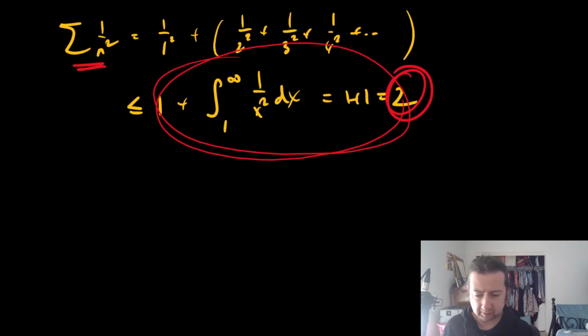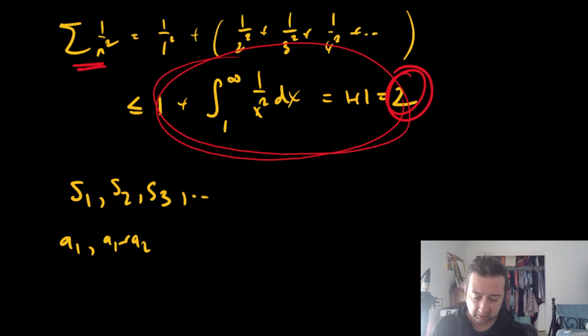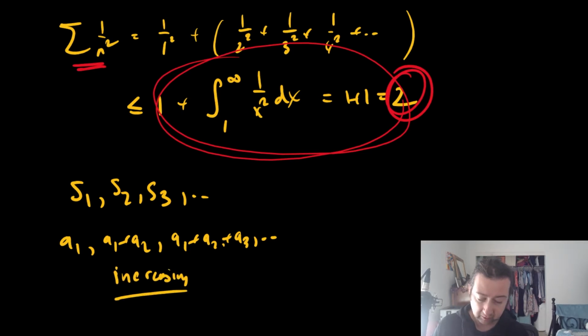There's actually one more step that we need to make here, which is that if you think about the sequence S1, S2, S3, which remember corresponds to A1, A1 plus A2, A1 plus A2 plus A3, all of those terms are positive, and so this is an increasing sequence. It's increasing because each time I'm adding another positive piece to the end, so I'm making it bigger. So it's increasing, but it's also bounded.